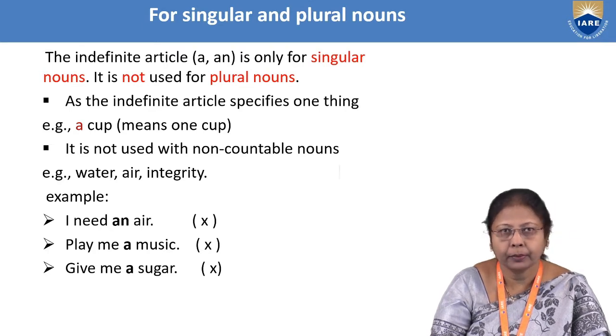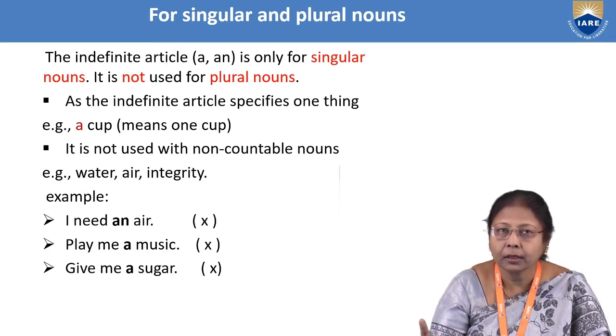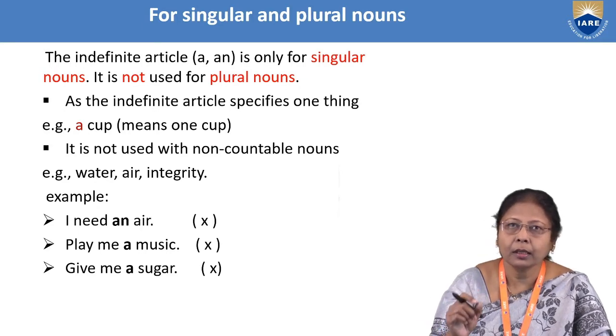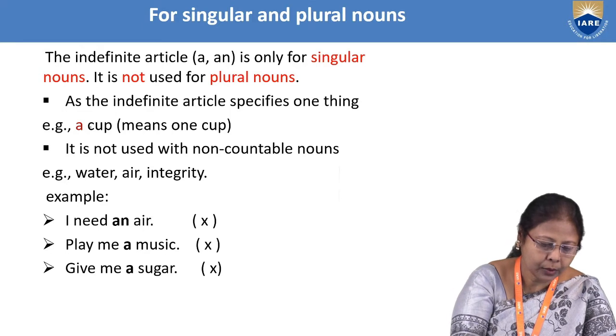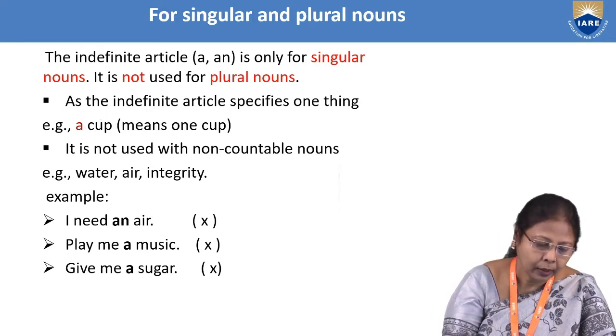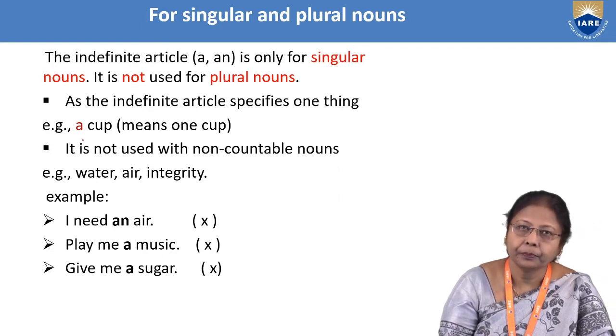Cup is only one. A chair. A bench. A pen. A pencil. So these are singular nouns. So we have to use according to the sound. C is a consonant. That's why we have to go with a.